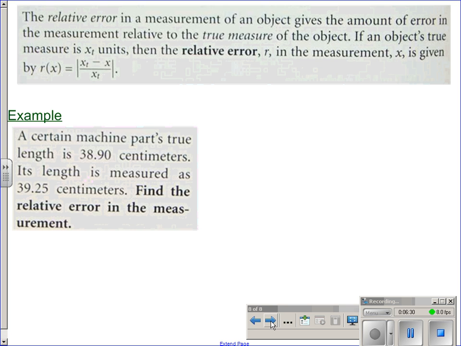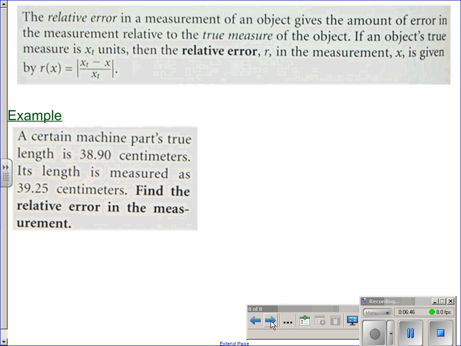There was a couple problems we did like that. This relative error is actually a percentage. You can only allow the actual measurement to be more or less by a certain percentage. It's called a relative error.